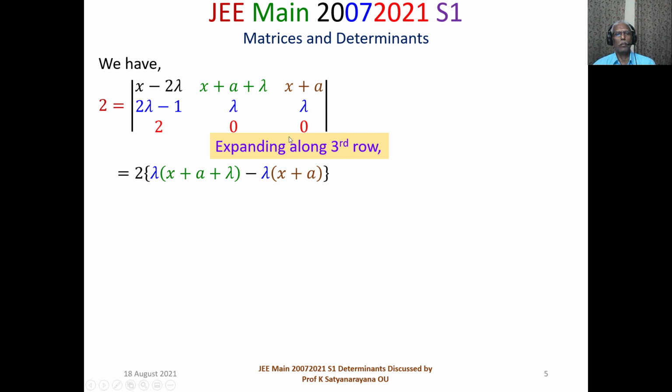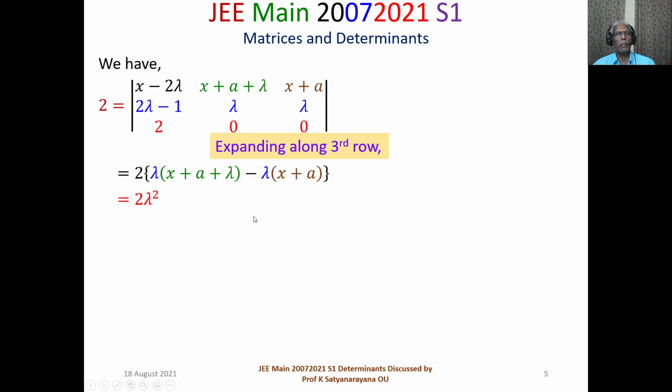And we do not get the remaining terms because 0 is here, 0 is here. So we got the determinant value. And if you subtract, minus lambda x minus lambda a will cancel with lambda x and lambda a. You are left with a lambda square only.